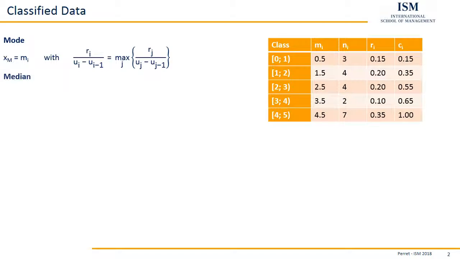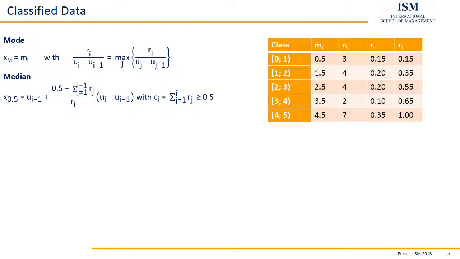For the median, we have to do a little bit more. We see this with this formula. This might look stunning at first, however it's relatively easy. We start by taking a look at our table, and we select the class for which the cumulative relative frequency becomes larger than 50% for the first time.